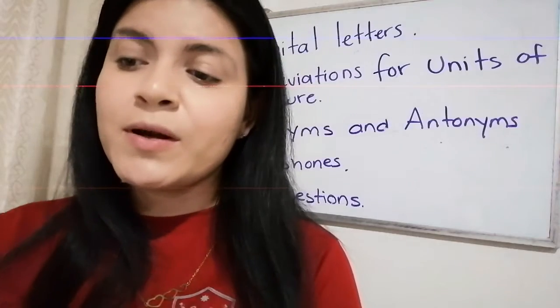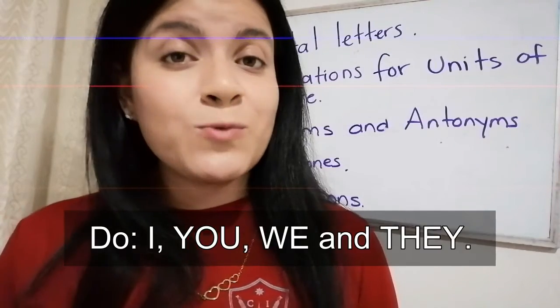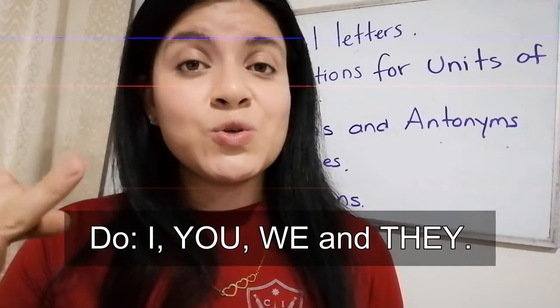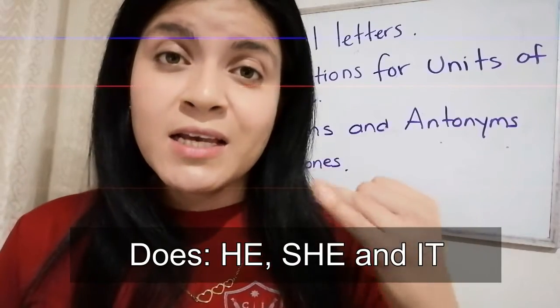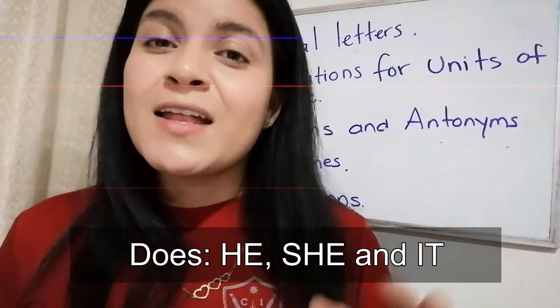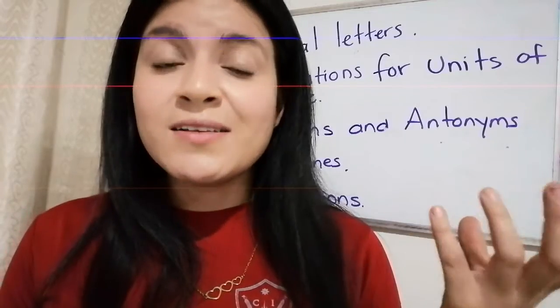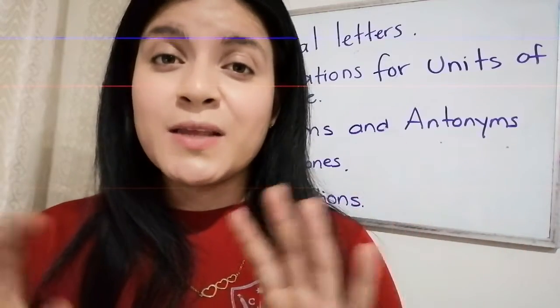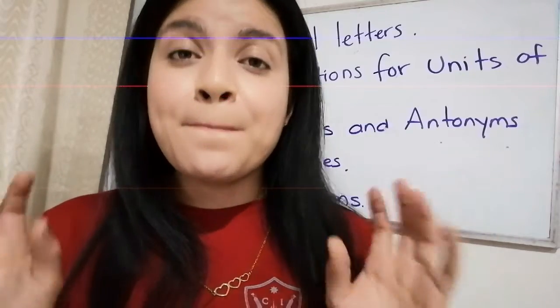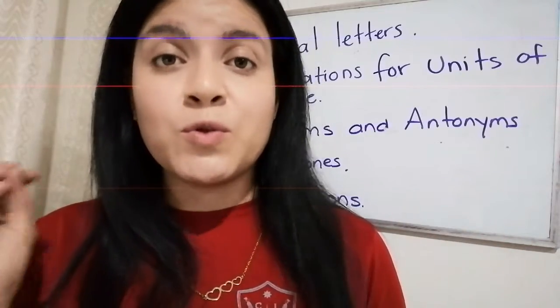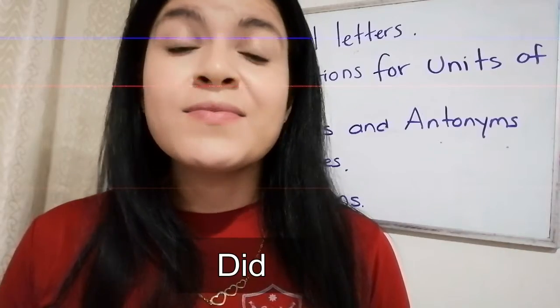Do you remember? The verb do agrees with the subjects I, you, we, and they, and does for he, she, and it. Remember, do and does are the same, but it changes only for different subjects. Okay, the past tense of do and does is did.